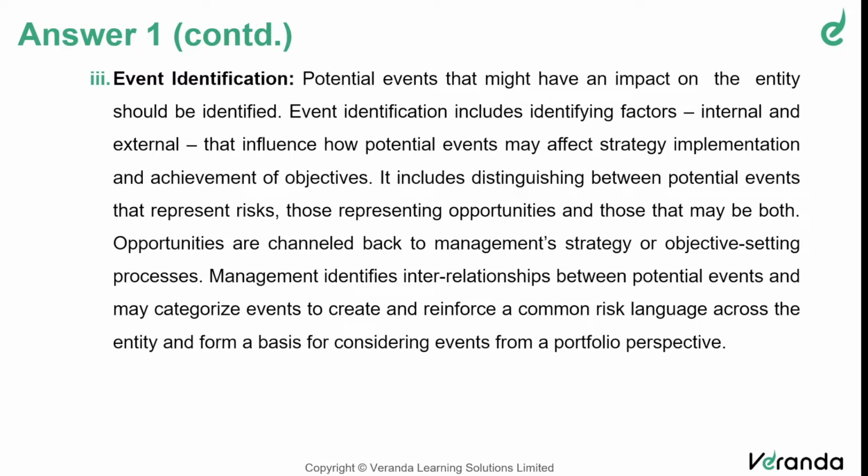And one more thing which is very important in event identification is opportunities and threats. Some events may prove as an opportunity for some people and a threat for some other people. For example, take the situation of Corona or lockdown. Lockdown was a threat for many industries. But if you look at the telecom or the IT industry, like Zoom or your other apps that came during this period, like Ludo or Google Meet, all these apps got a boom during the same lockdown.